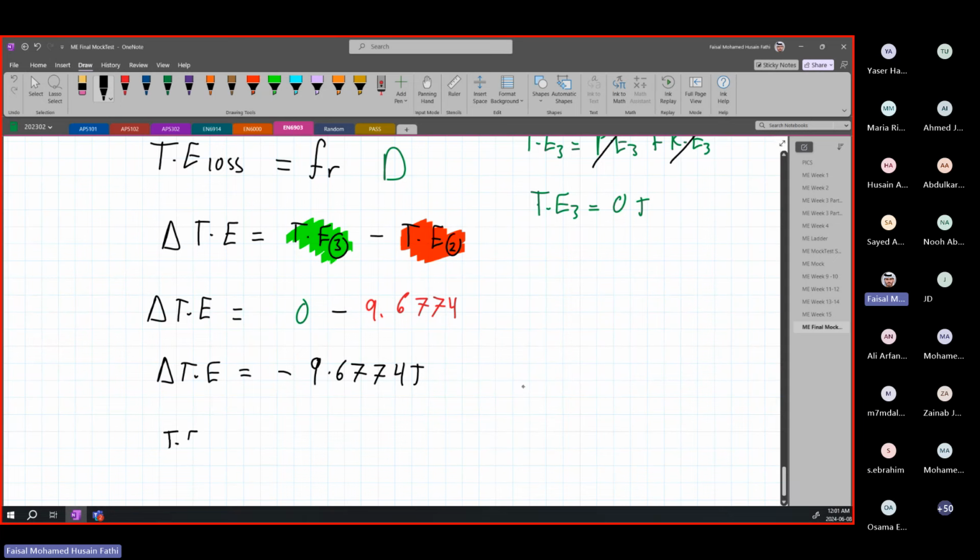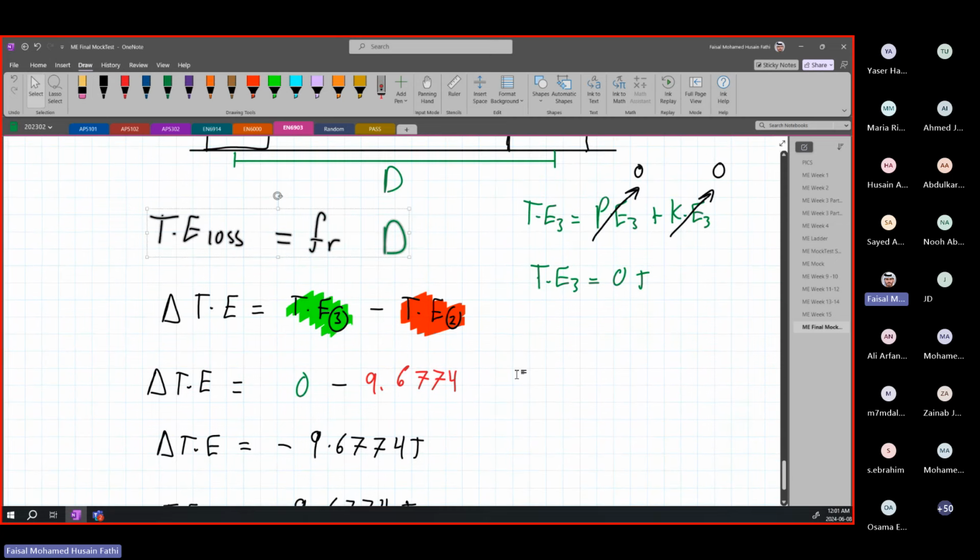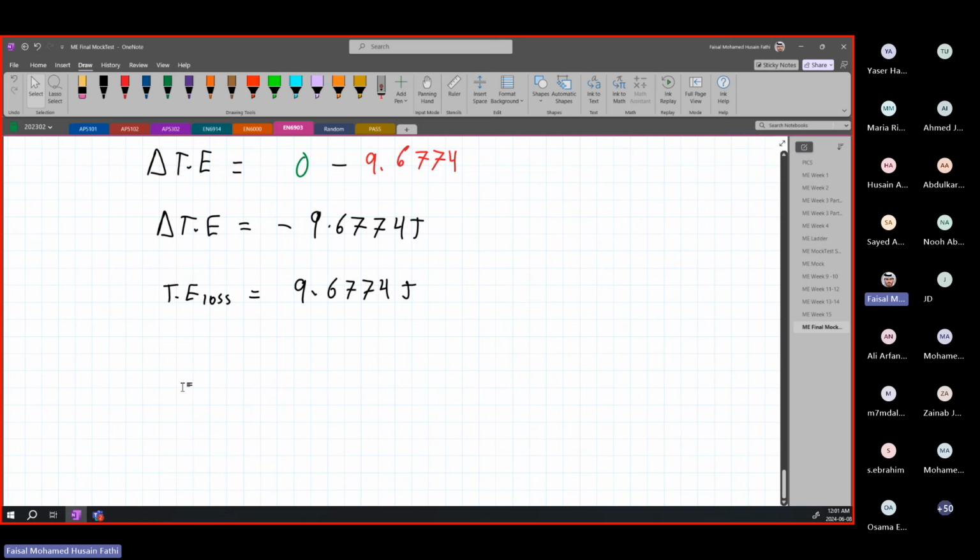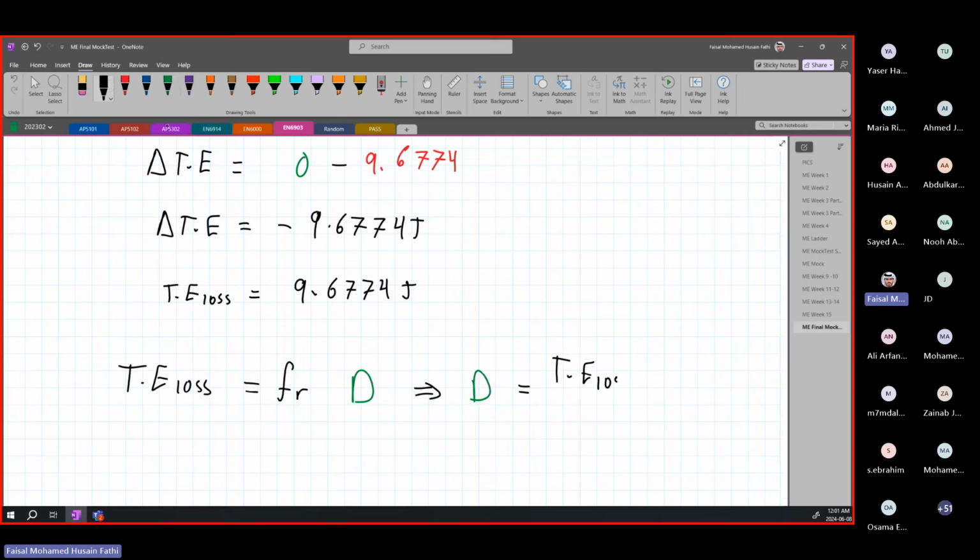So TE loss is simply 9.6774 joules. And now we just plug it into this equation. The only difference is we are using this equation over here to find the new distance. So we can say the new distance is going to be equal to TE loss divided by the friction value that we have found earlier.